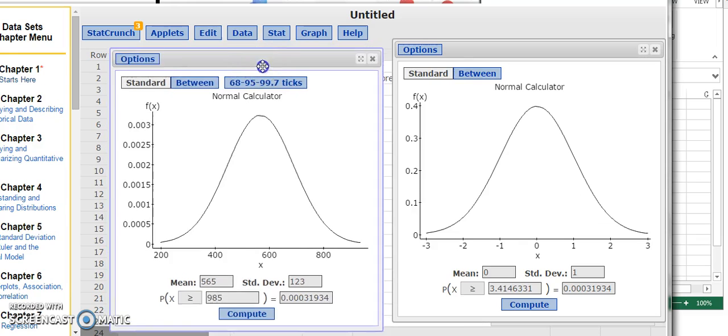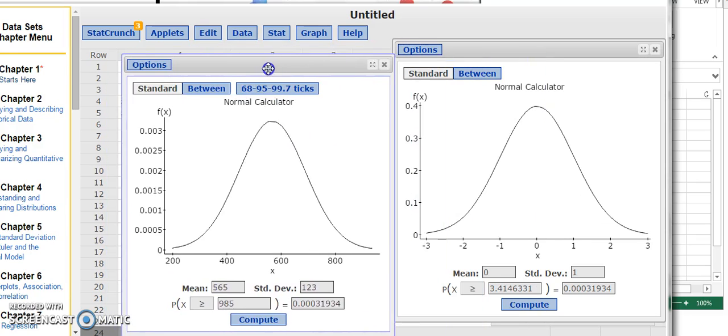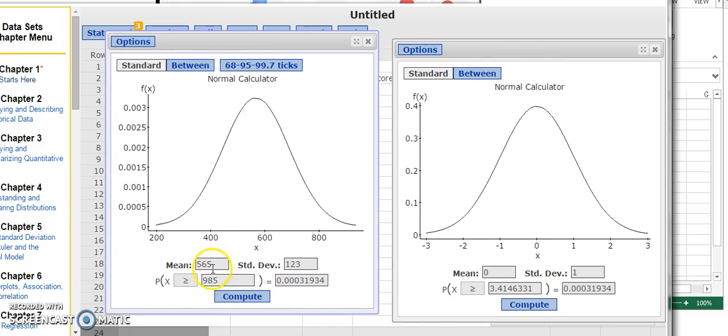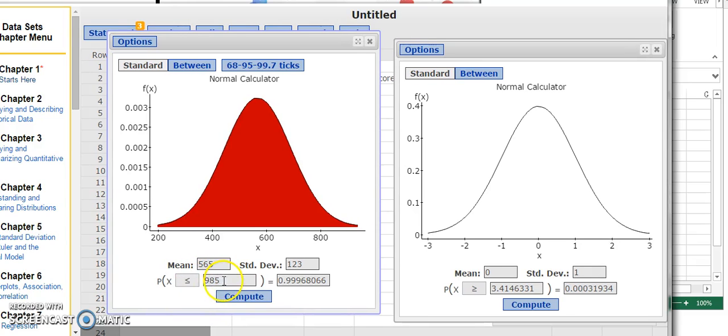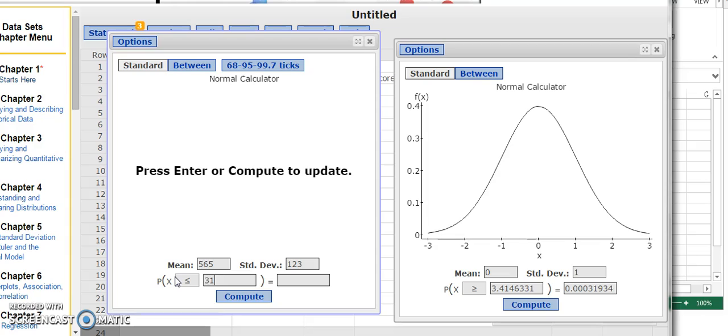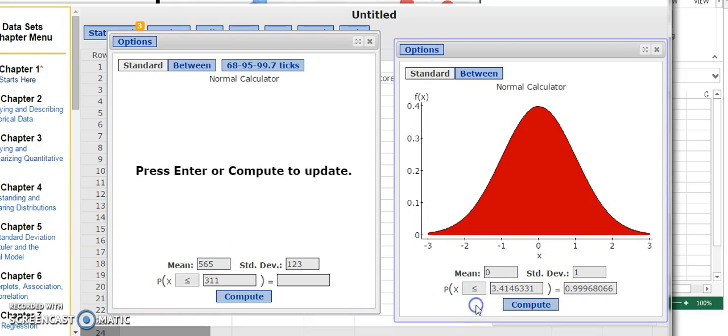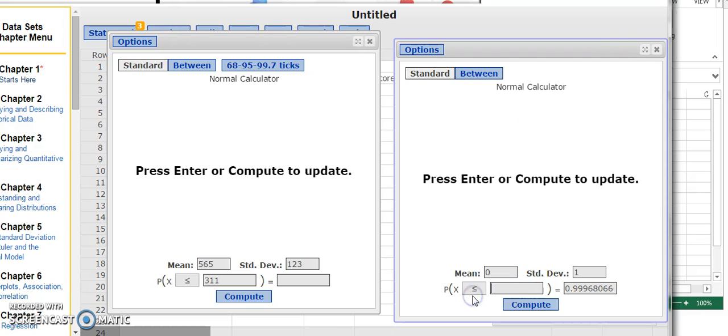And let's try another number, 311. 311 is less than our mean, so let's use less than for the first panel, 311, and less than for the second. Make sure those two boxes have the same sign. Now we need to fill in this probability here.